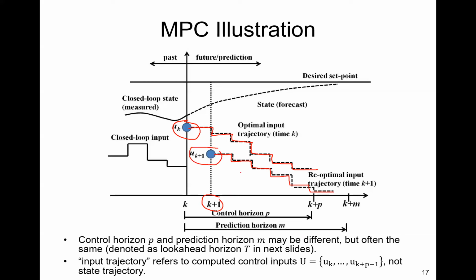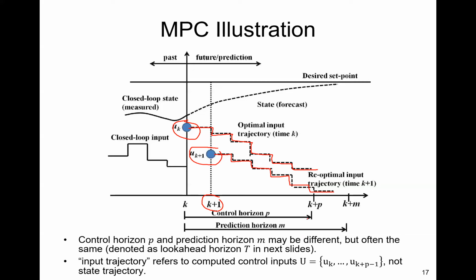So at every time step, you look forward for a prediction horizon and solve for a series of control inputs for a future horizon. However, you only apply the first one and discard the rest, because the control inputs are computed based on the assumption that your system has a certain dynamics. As you move forward in time, things may have changed during the time step.